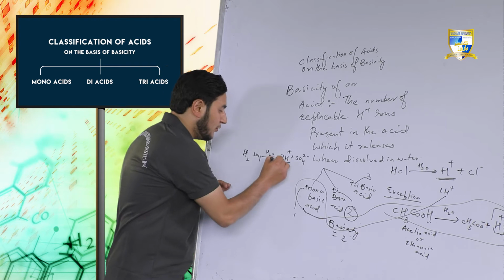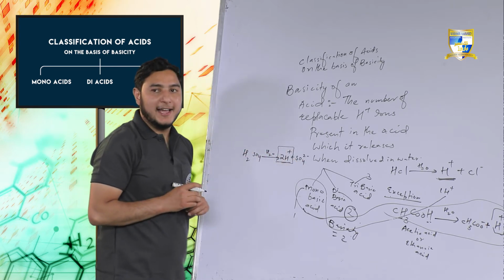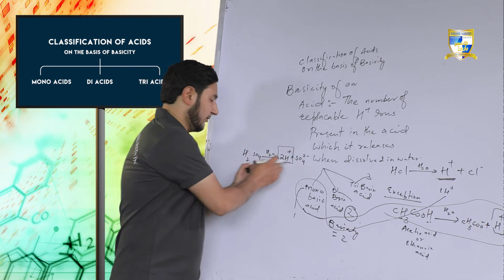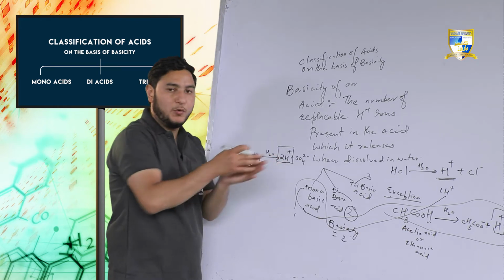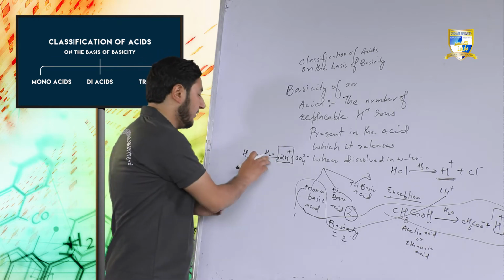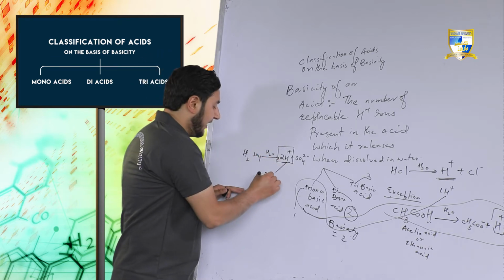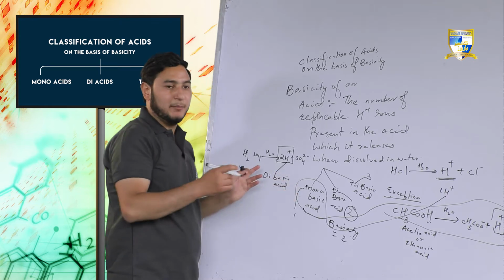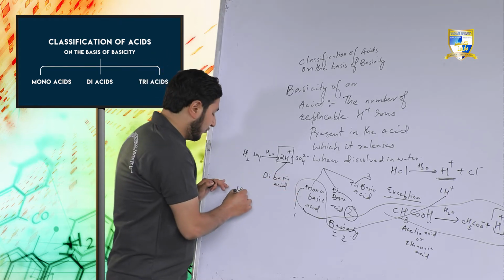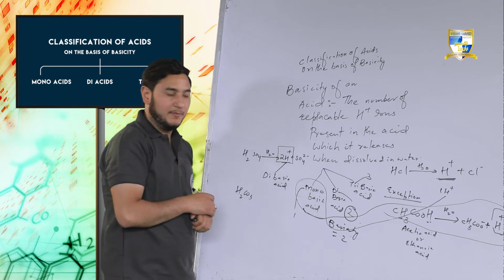Since 2 hydrogen ions are replaceable, it means H2SO4 gives 2 H+ ions when dissolved in water. So this acid is a dibasic acid. Another example of a dibasic acid is H2CO3, carbonic acid.